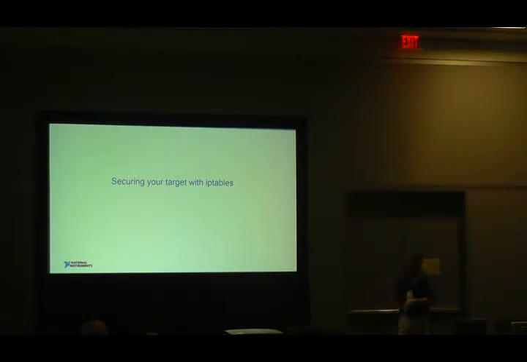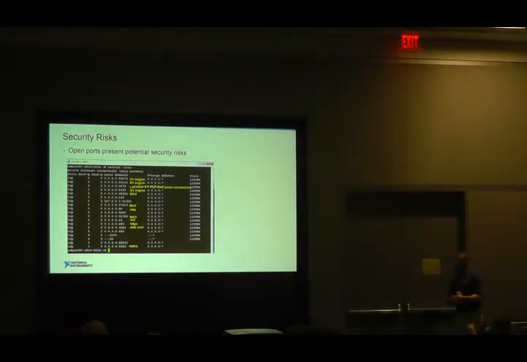So when it comes to designing and developing your embedded systems, security is something that you need to design for. Let's take a look at some of the potential security risks you can face when developing embedded applications. One of the most common ones that everybody's familiar with is open ports. Here's an example of all the different open ports on a CompactRIO system.